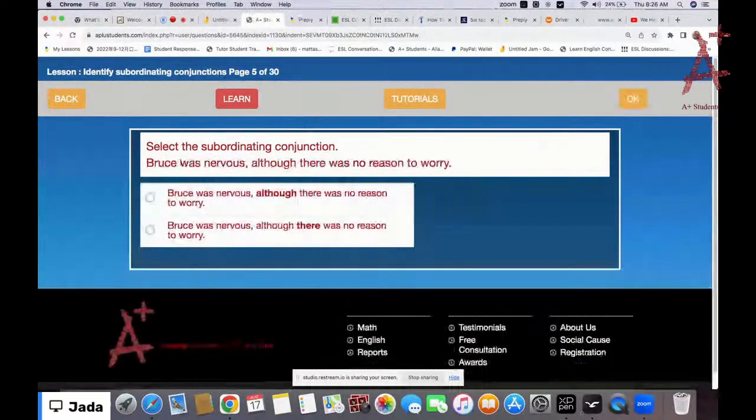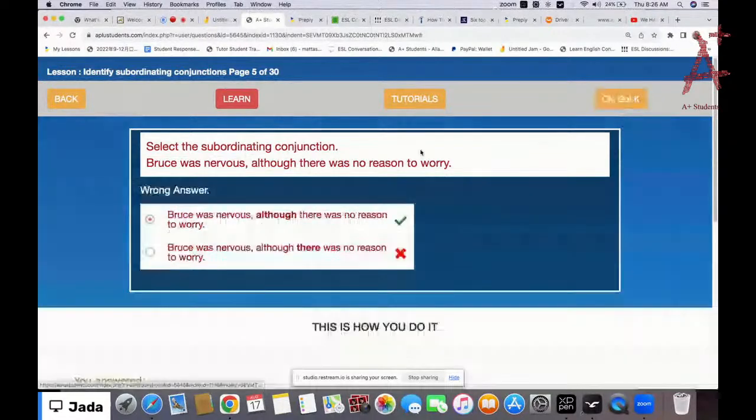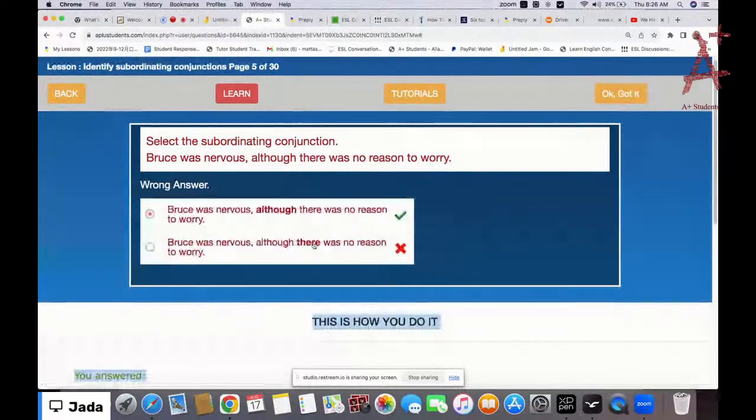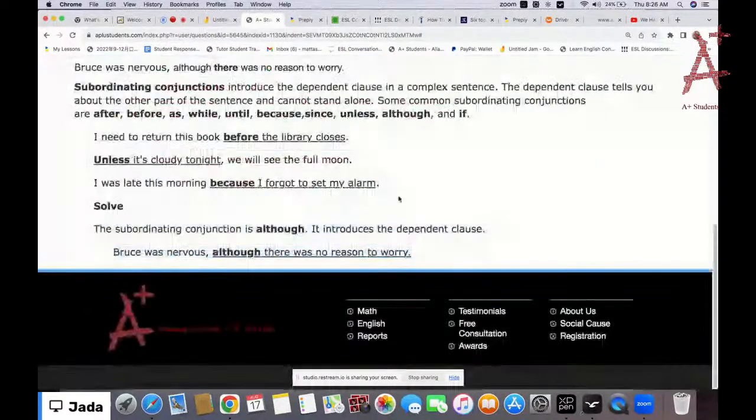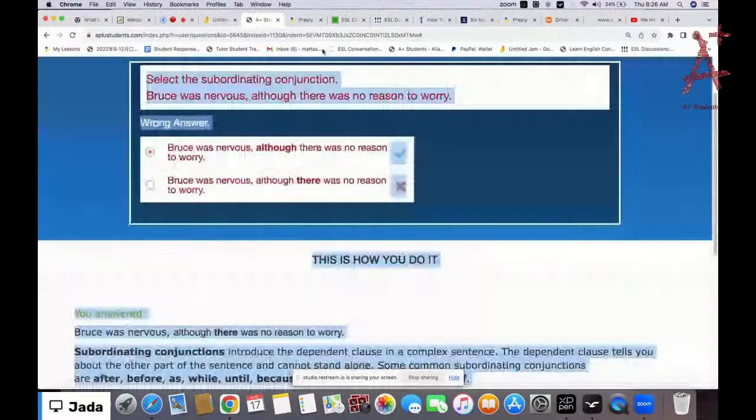All right, so Burns was nervous, although there was no reason to worry. So although or there. If you click on there, for example, you see that your answer is wrong because there here is not a subordinating conjunction. And as you get anyone wrong, you just scroll down, read this through, and then you continue with your test.